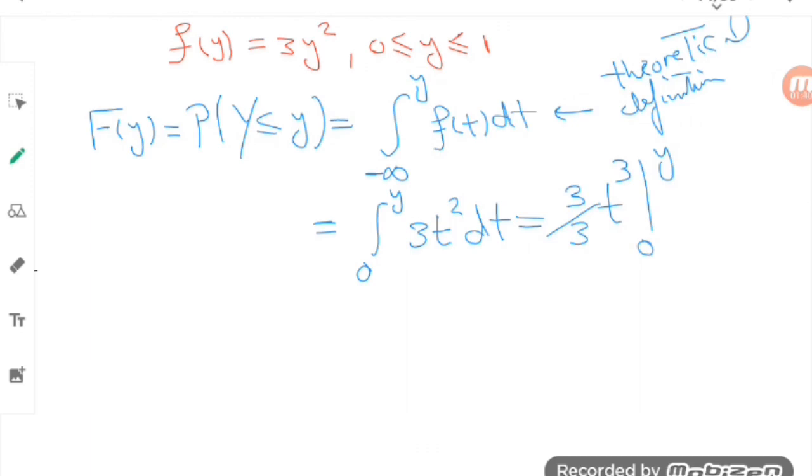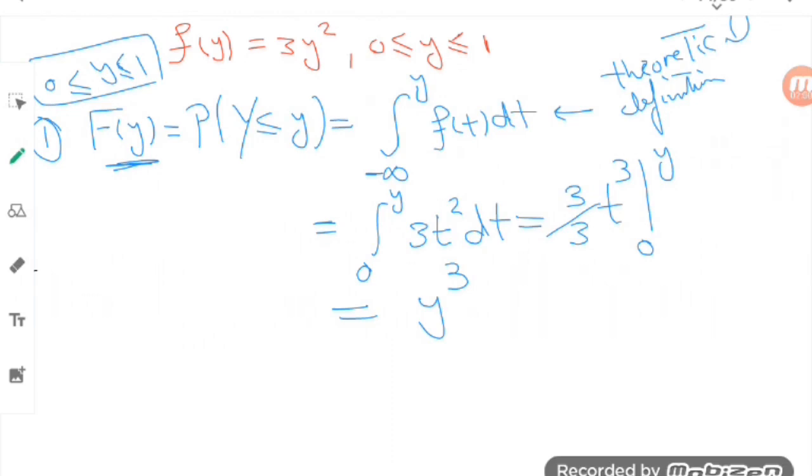So this will be y to the power 3. So the first step is to find the distribution function when y is between 0 and 1, which is within the support of the PDF.